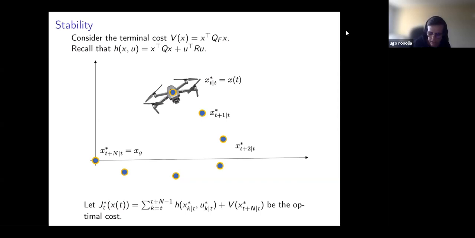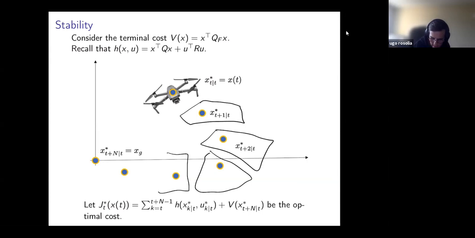What we are going to do is that instead of planning a trajectory, we are going to be planning sets. You will plan a sequence of sets which will contain your model for all possible time instances.